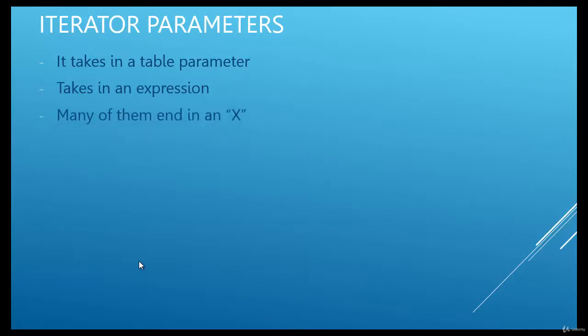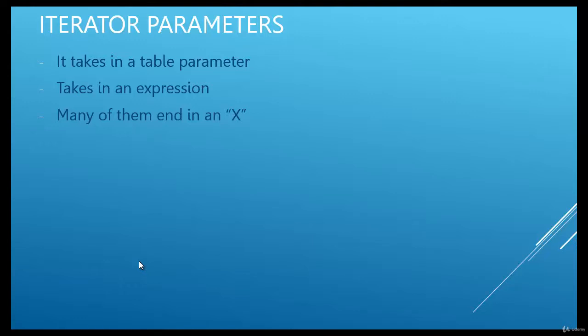A common thing about iterators is that their names end in an X, like SUMX, CONCATENATEX, MAXX, AVERAGEX. So these are all iterators. FILTER is also an iterator that we discussed in an earlier video, where we selected the table and then evaluated the filter based on that row, running through the table.